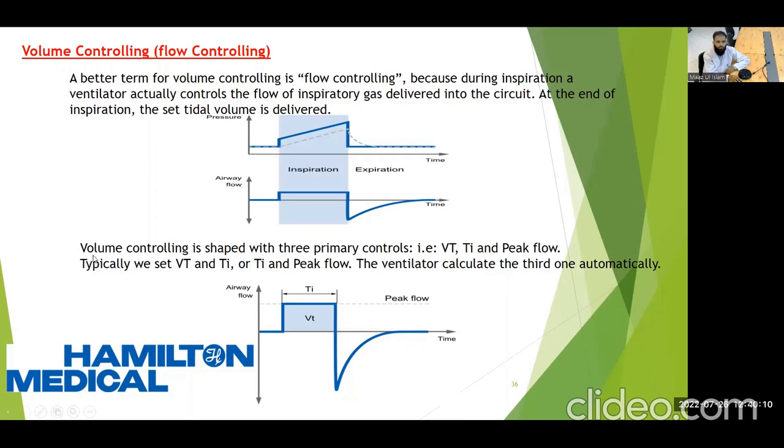Volume controlling is shaped by three primary controls: number one is tidal volume, number two is inspiratory time, and number three is peak flow. Typically, we set tidal volume and inspiratory time, or tidal volume and peak flow. The ventilator calculates the third one automatically.